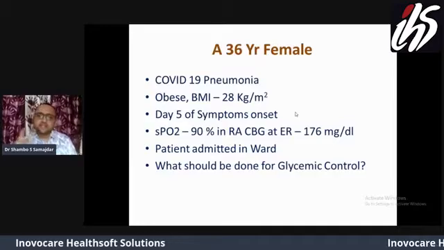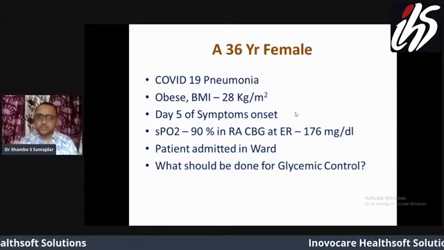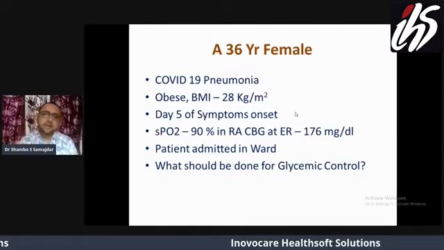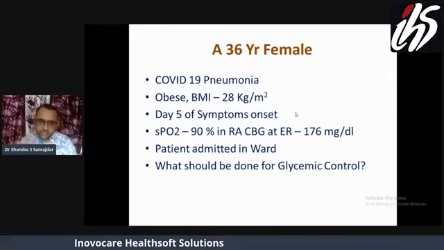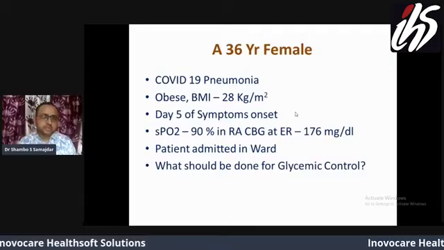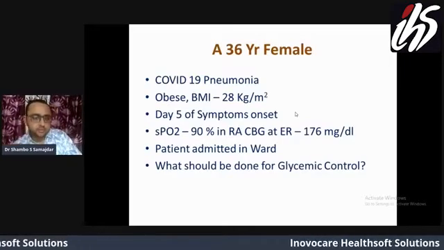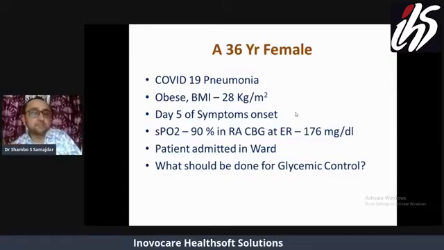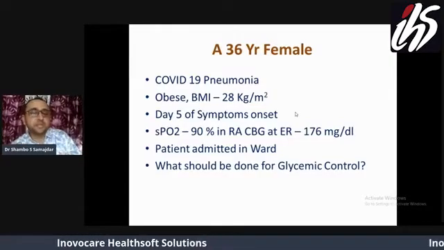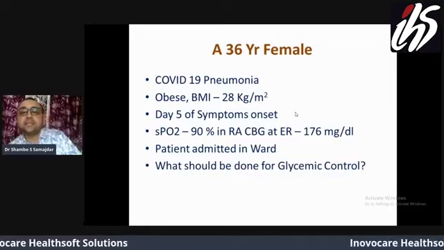Now another 36-year-old female, COVID-19 pneumonia, obese, BMI 28, day 5 of symptom onset, SpO2 was 90% in room air, and the CBG at emergency room was 176 milligram per dL. The patient is admitted in ward. What should be done for the glycemic control?